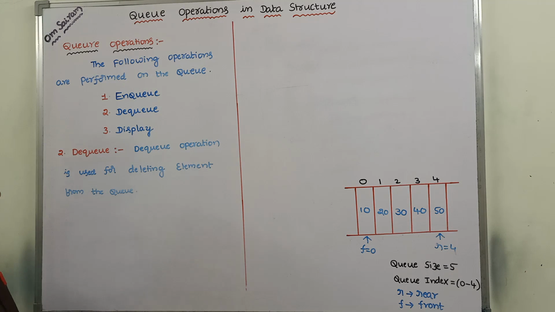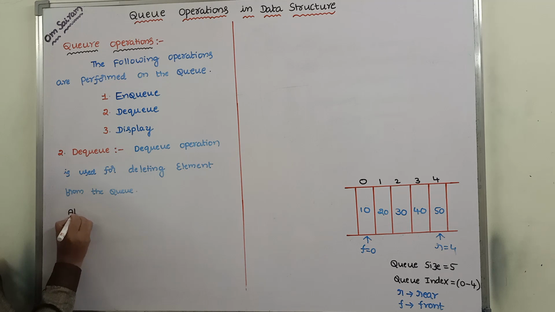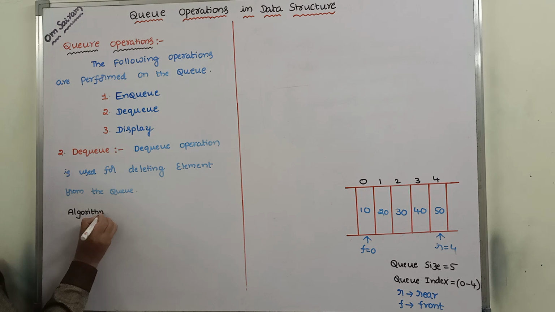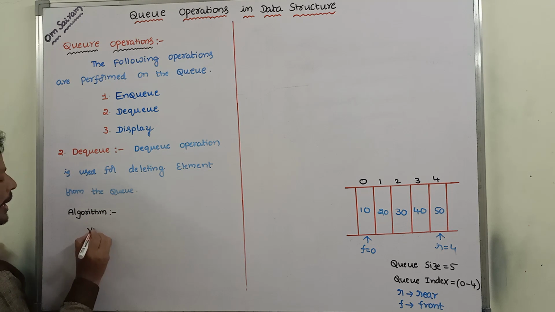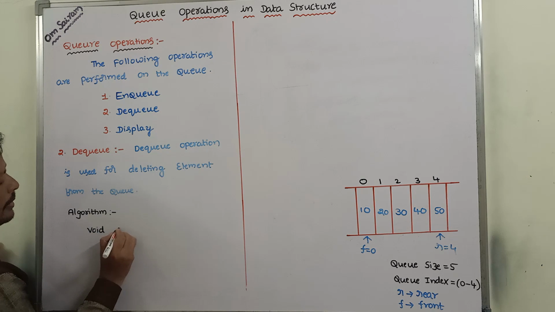Next, what is the algorithm we have to use for the dequeue operation? So void dequeue.